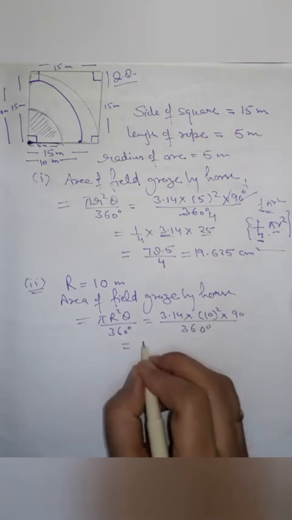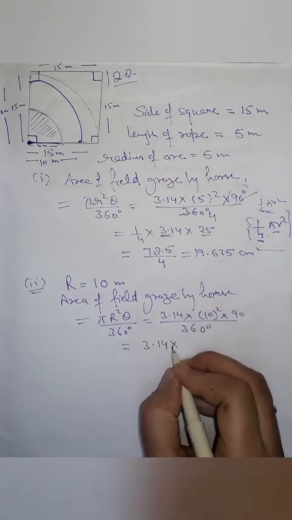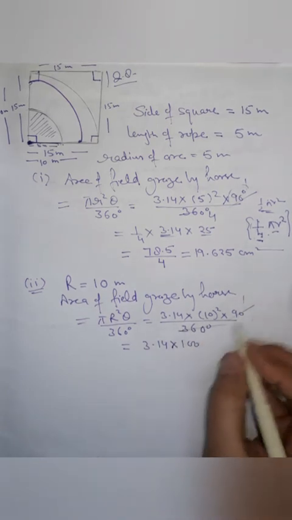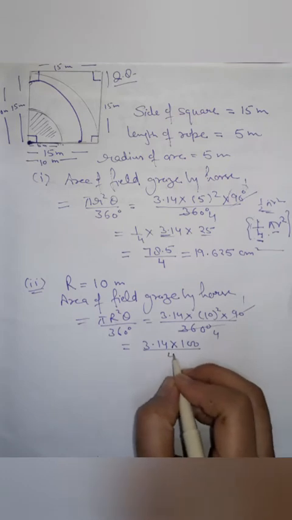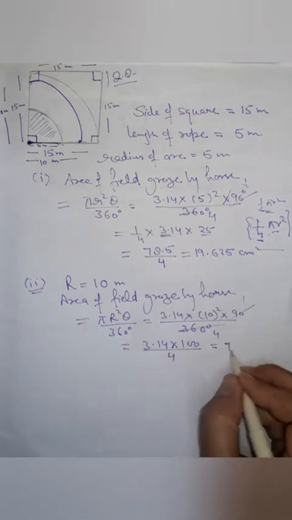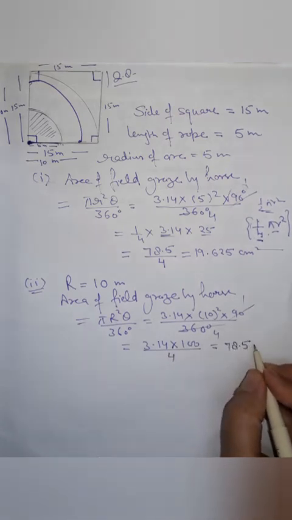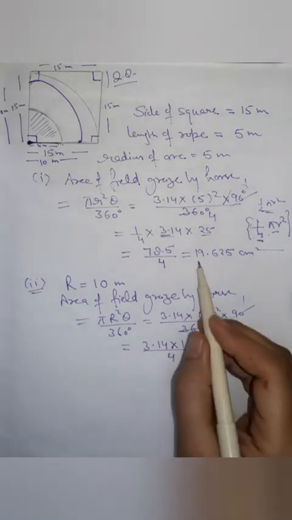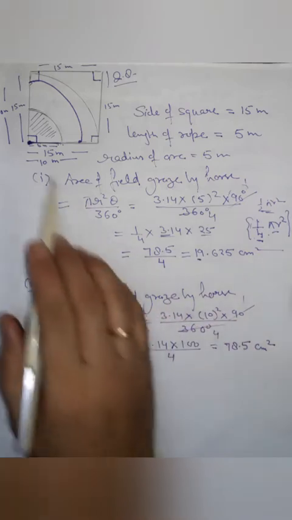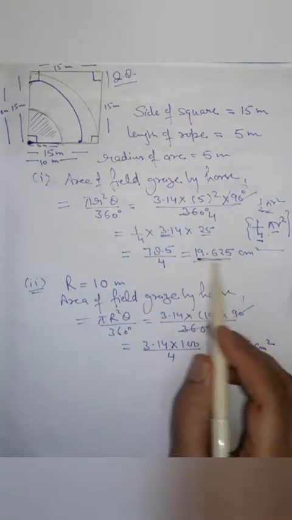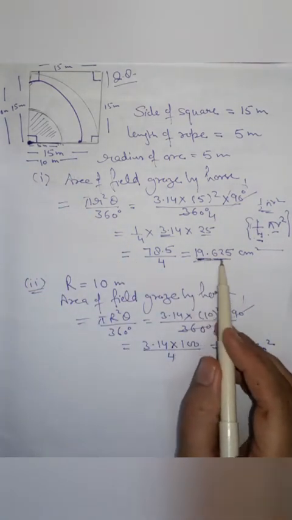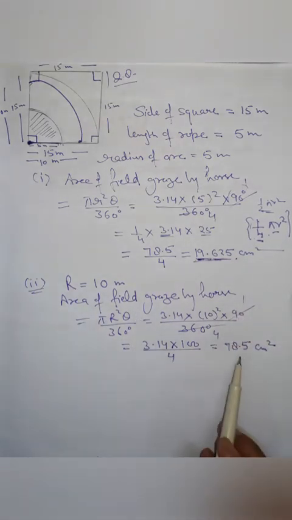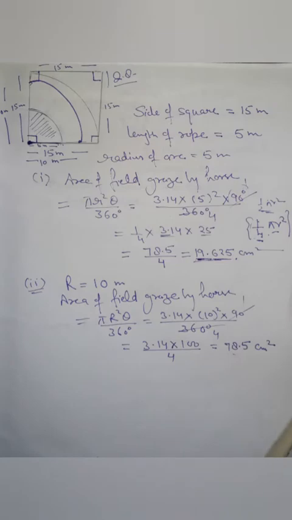If we solve it, 3.14 multiplied by 100, and if we cancel it upon 4, so after calculating we get 78.5 centimeter square. If the length of rope was 5 meter, area grazed is 19.625. If the length of rope is increased, now area grazed by horse is 78.5 centimeter square.